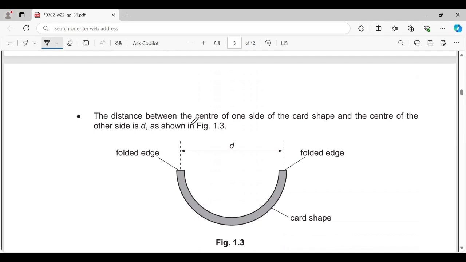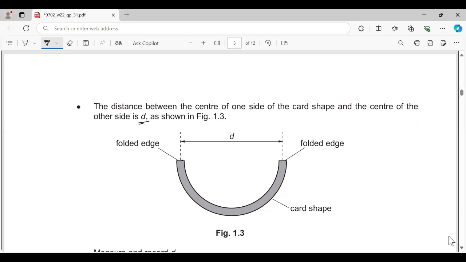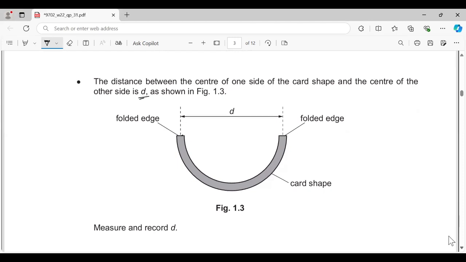So the distance between the center of one side of the card shape and the center of the other side is D, or distance, or diameter, from this point to this point. This is the folded edge and the cut shape. I think you understand this.